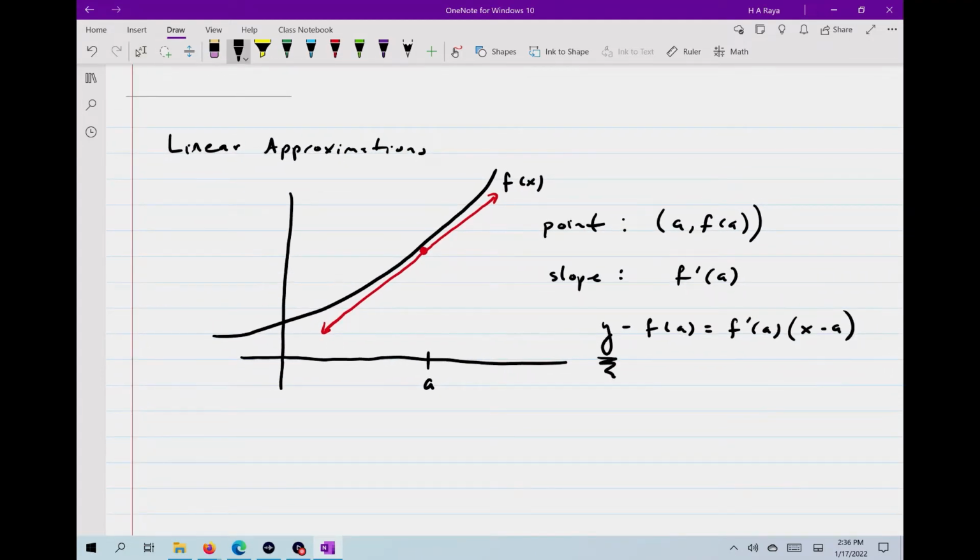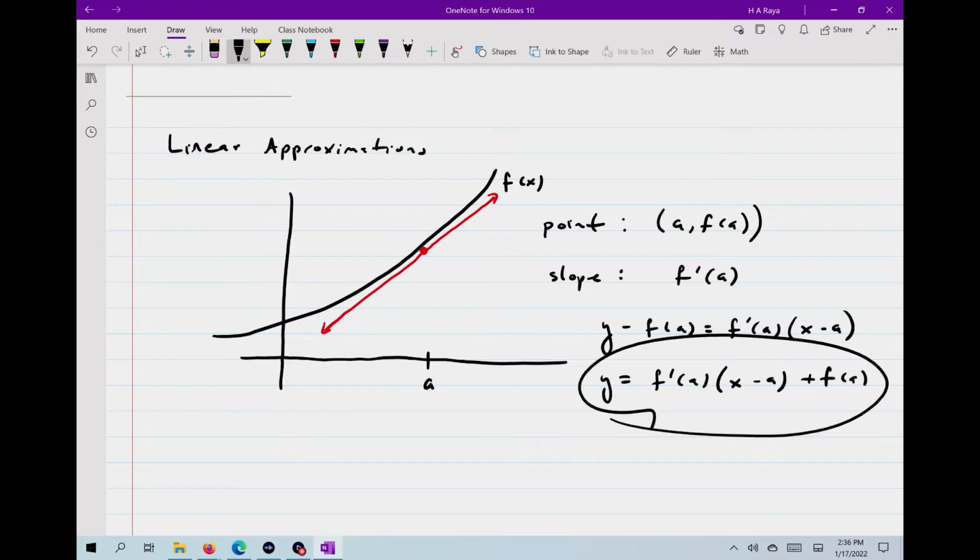If we solve for y in this equation, we'll have y equal to f prime at a, x minus a, plus f of a. Now, this is the equation for our tangent line, but if we're close to a, this tangent line would be a good approximation to our function f of x.